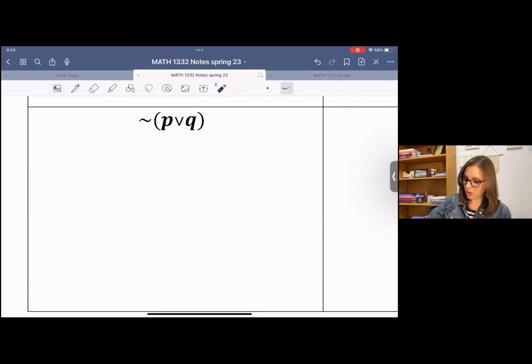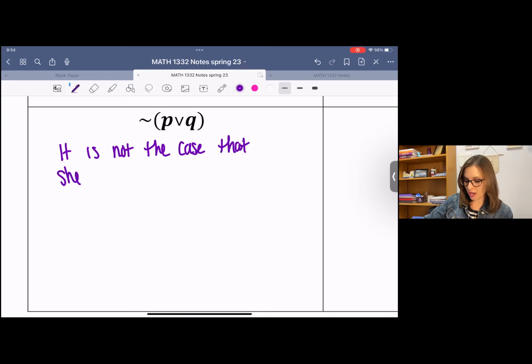Okay, and then we have another statement. This little symbol outside means not. This little symbol right here means or. So if I were to translate this into words, I would say it is not the case that she has blue eyes or he is 6'3".